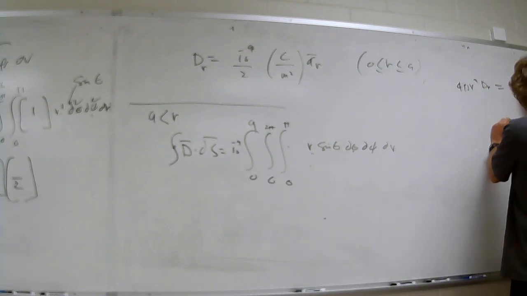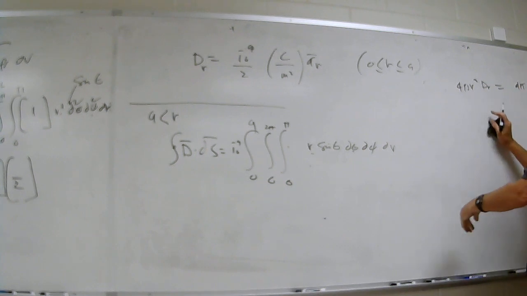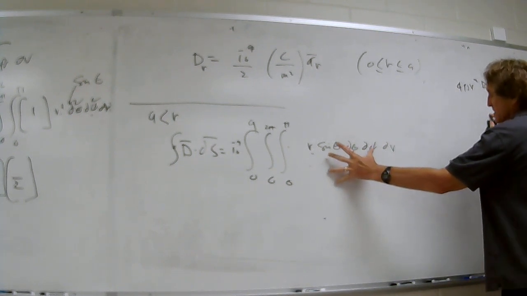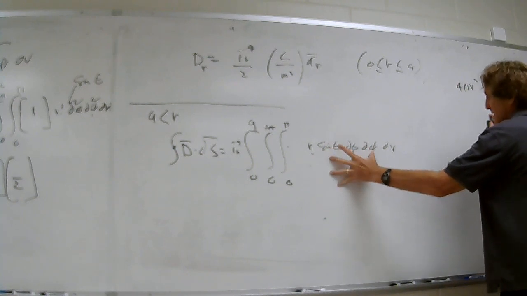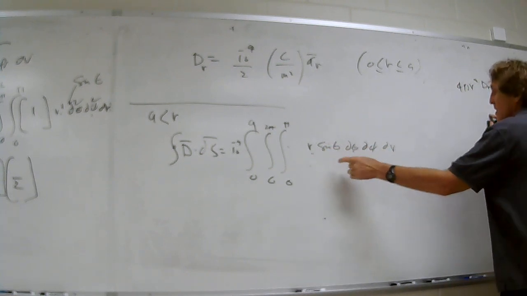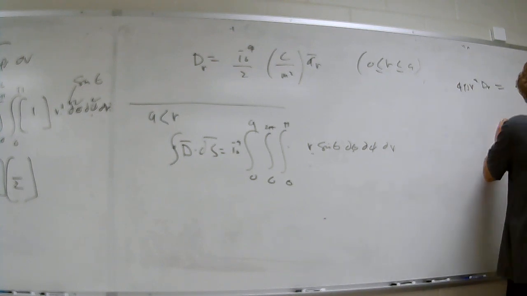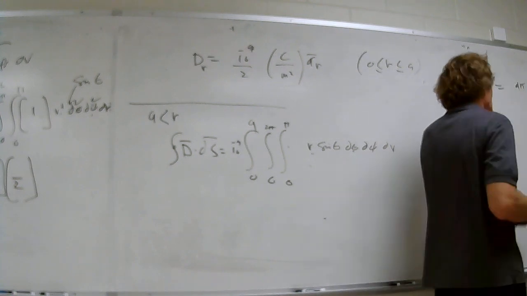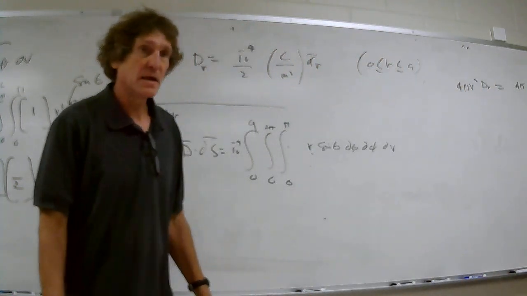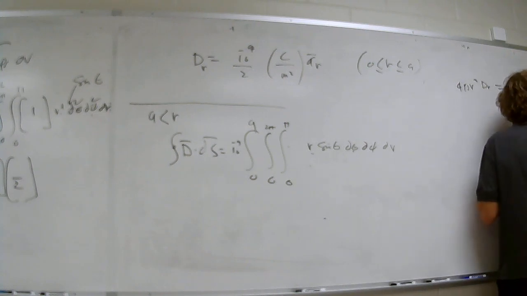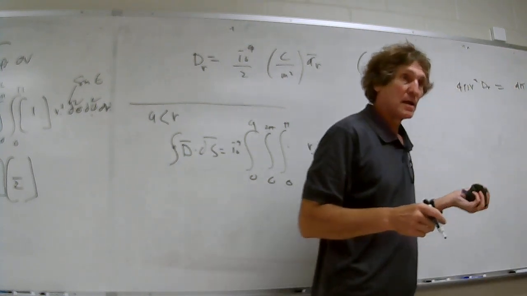Now we're going to get 4 pi when we do the sine theta d theta d phi integration. When I go r dr, I get r squared over 2 from 0 to a. That means this becomes a squared over 2, times 10 to the minus 9th also. Do you all agree with that?